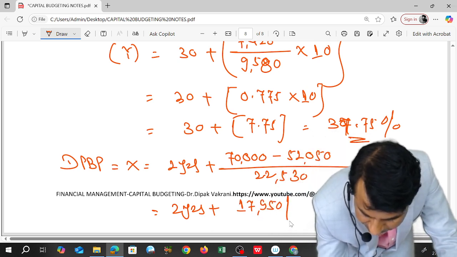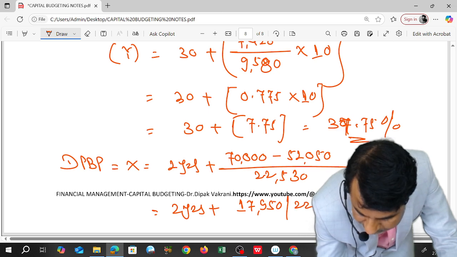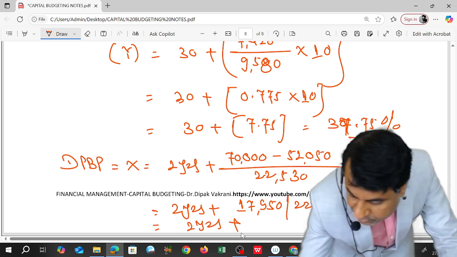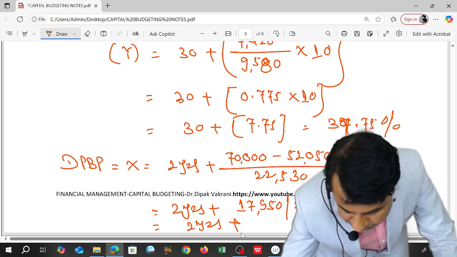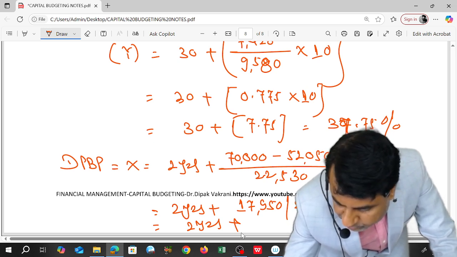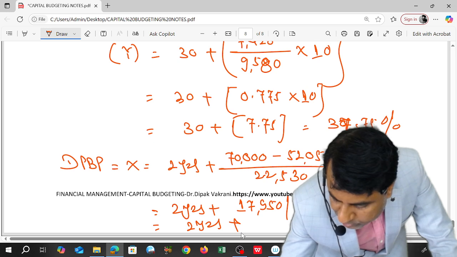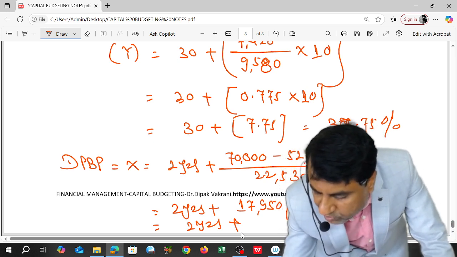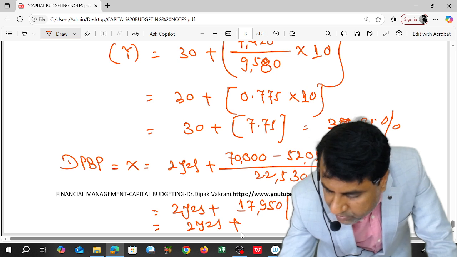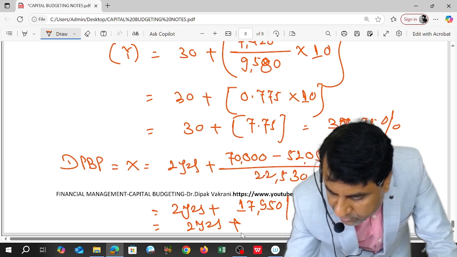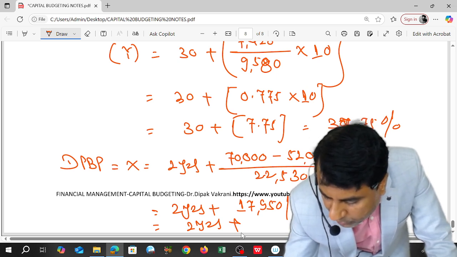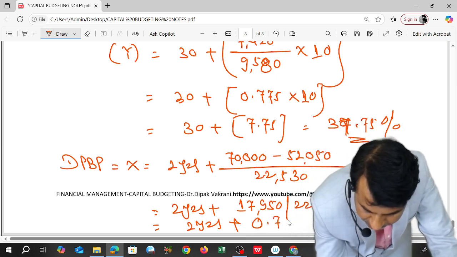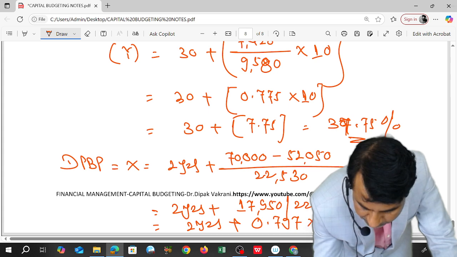It is coming 17,950 divided by 22,530, and obviously it is 2 years plus division of these things. 17,950 divided by 22,530 is 0.796 or 0.797. I can take 0.797 multiplied by 12. So it is 0.797 multiplied by 12 months.